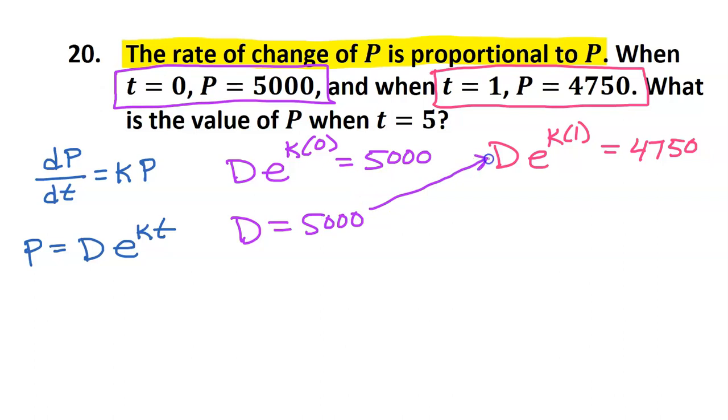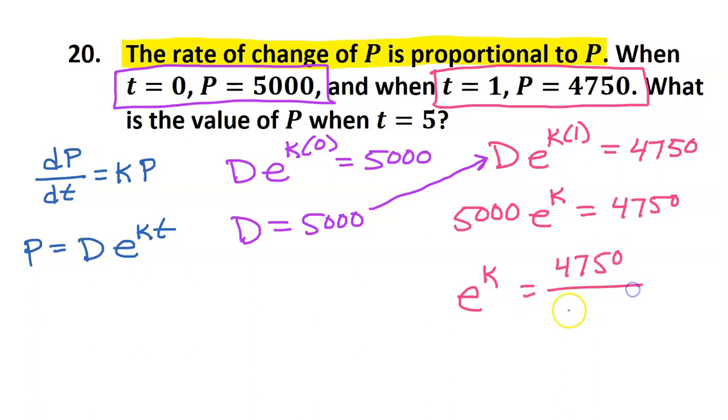Let's put 5,000 in for D in the second equation. So we get 5,000 e to the k is equal to 4,750.